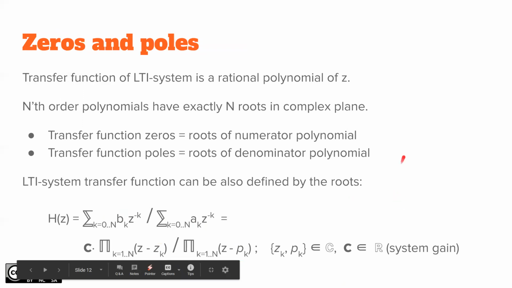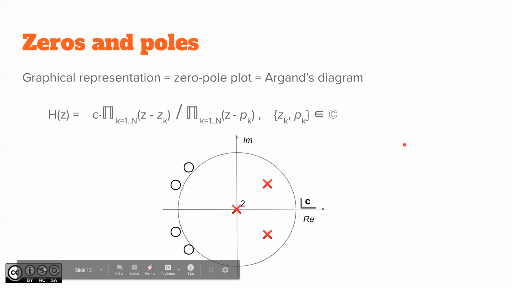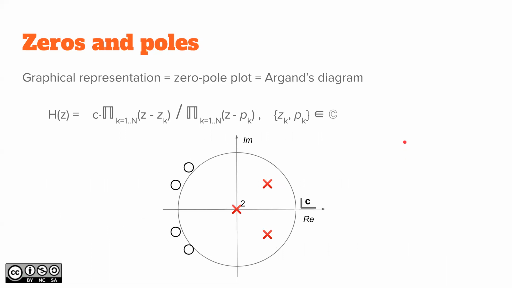Okay, so zeros and poles. The graphical representation of that is the zero pole plot, quite similar to the complex S-plane for analog systems, but now we call this zero pole plot the Argand's diagram, and it has some differences.